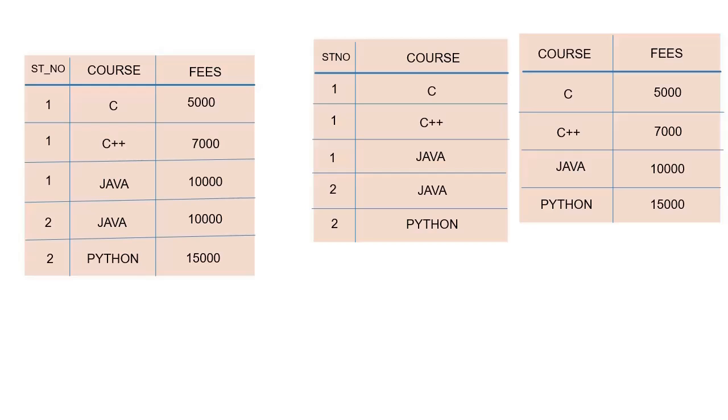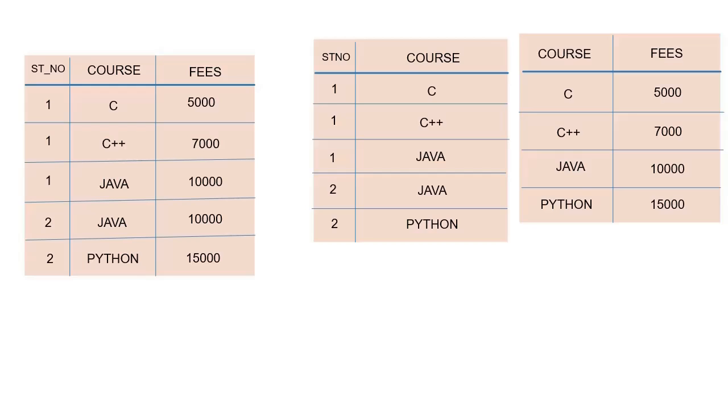So here, the fees is apparently dependent on both student number and course. But if you check clearly, the fees is dependent only on course. Here we have 2 rows which have the same course name Java with the same fees, 10,000 and 10,000. So the fees is only dependent on the course attribute, not on the student number attribute.